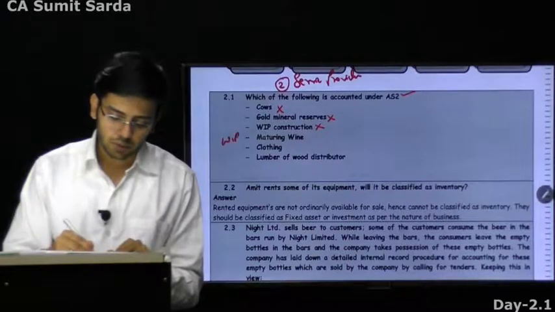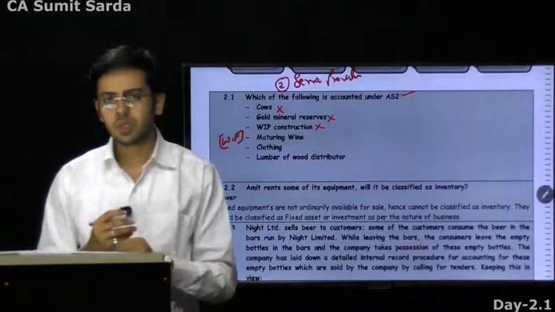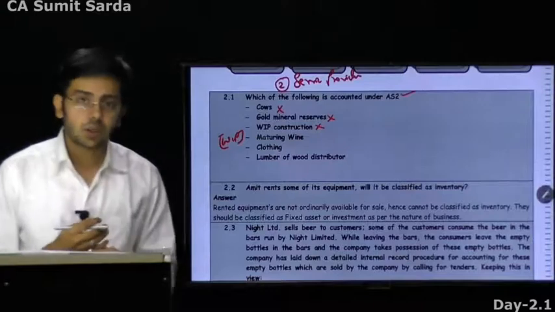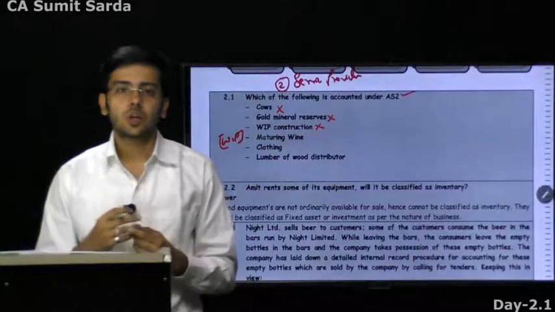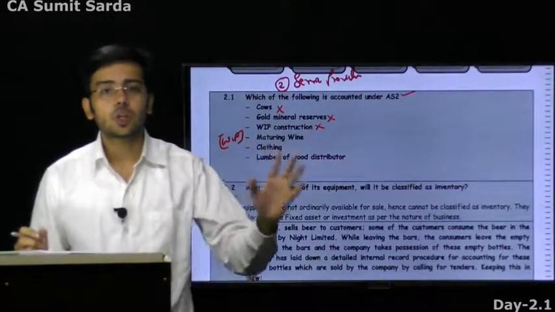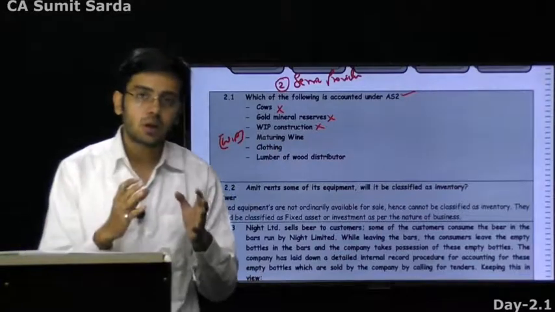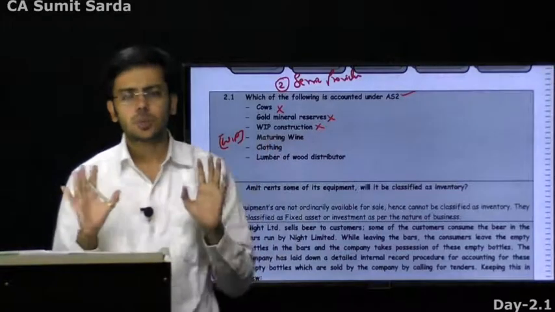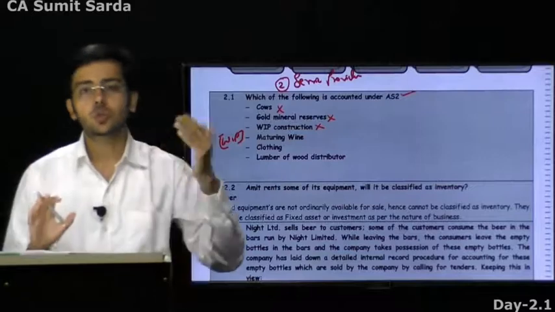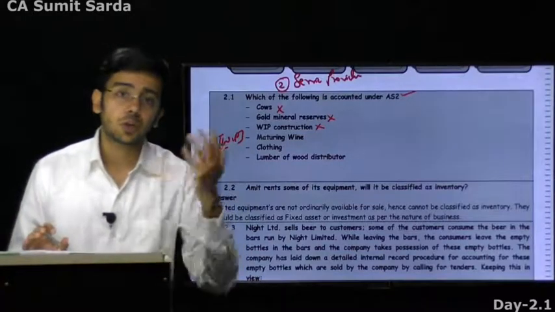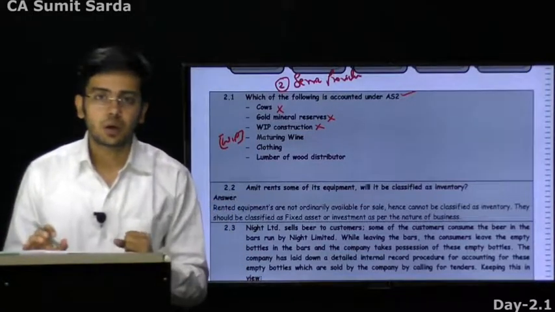Maturing wine. Some people will say, sir, we have seen 2-year-old wine, 3-year-old wine. For 2 years, 3 years, they are maturing inside a drum, kept just to mature and make wine which is 2-year-old, 3-year-old, even 15 years old, 20 years old wine.